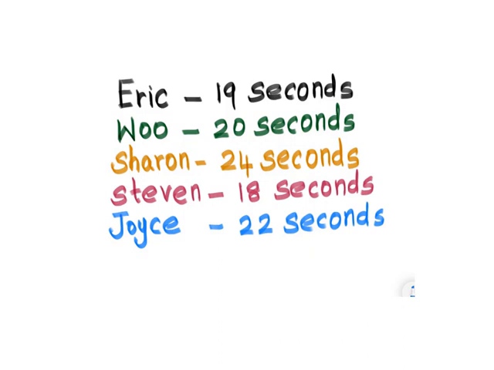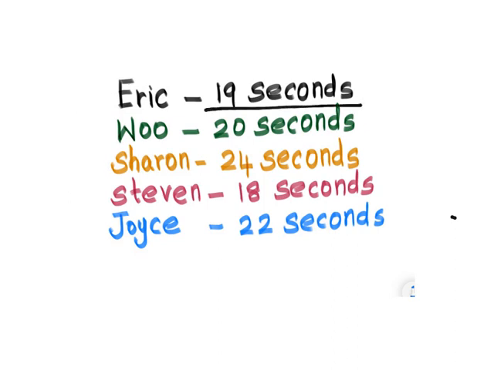So we know that Sharon is the slowest runner and Steven is the fastest runner. Then we have to compare how many seconds faster Eric ran than Sharon. These are the questions we'll be working on.